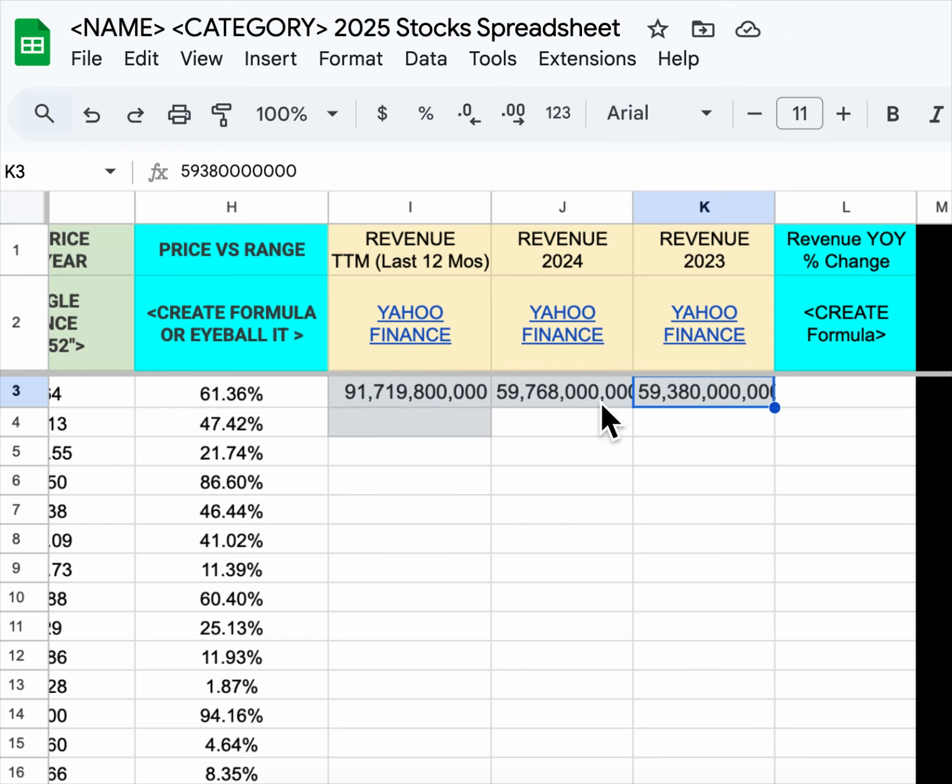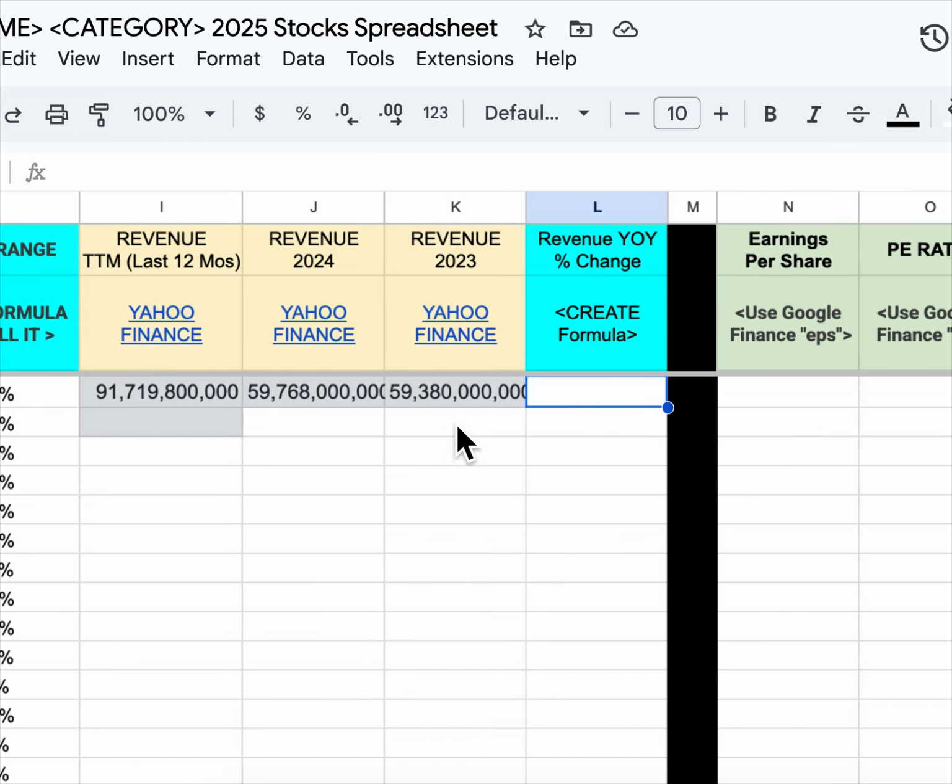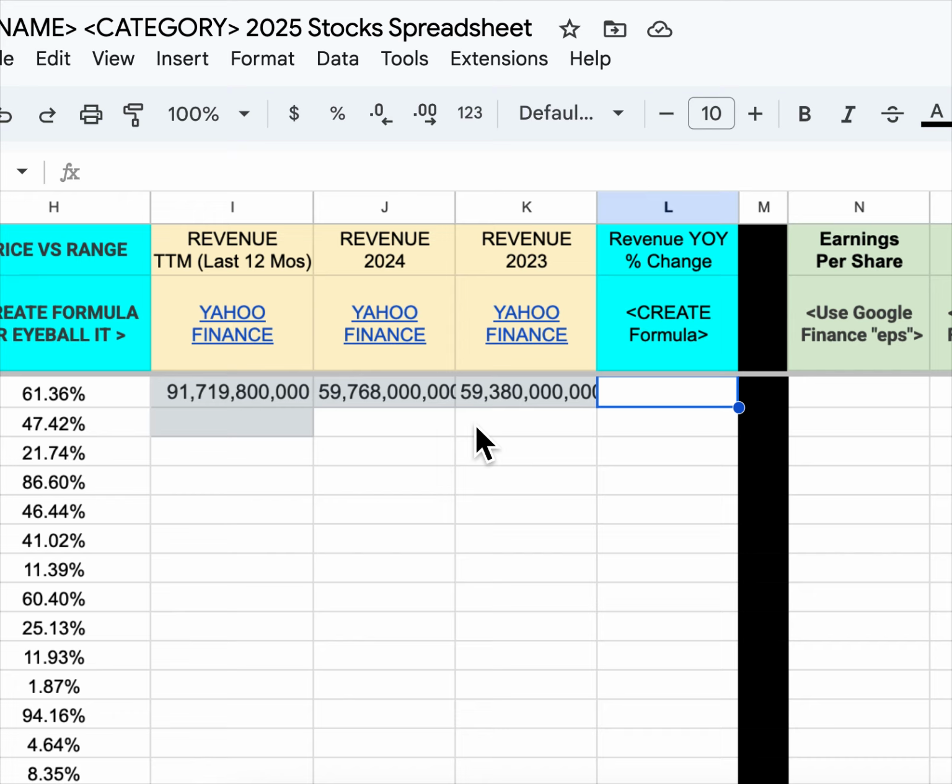If you looked at the previous 2 years, it was pretty low. But it seems like they got a lot. They must have had some kind of big increase in sales. Okay, now you can do the year-over-year change if you like between any of these years. Maybe between this one and 2023.